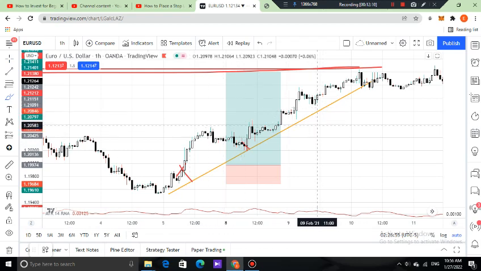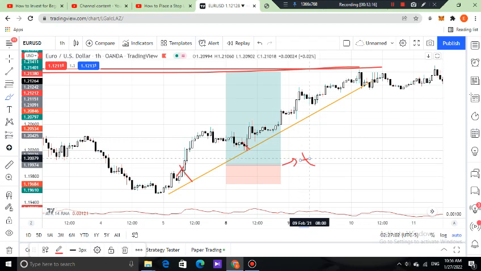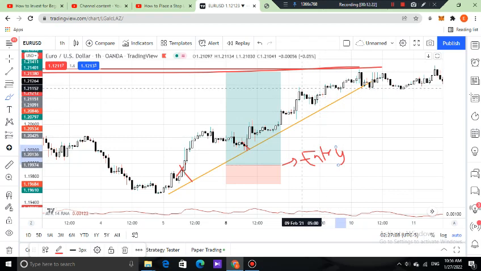your entry point goes up, and when it happens, you reduce your risk and increase the probability of taking profit.